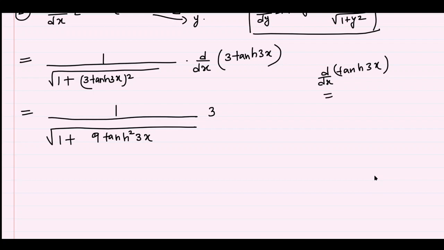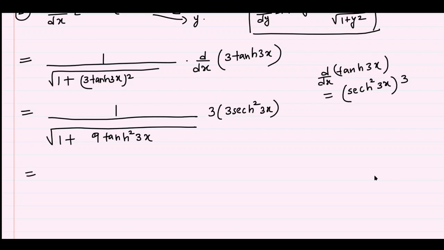So we have to remember all the formulas. The derivative of tanh 3x is sech square 3x multiplied by again the derivative of 3x. d by dx of 3x is 3. So here we will get 3 sech square 3x.